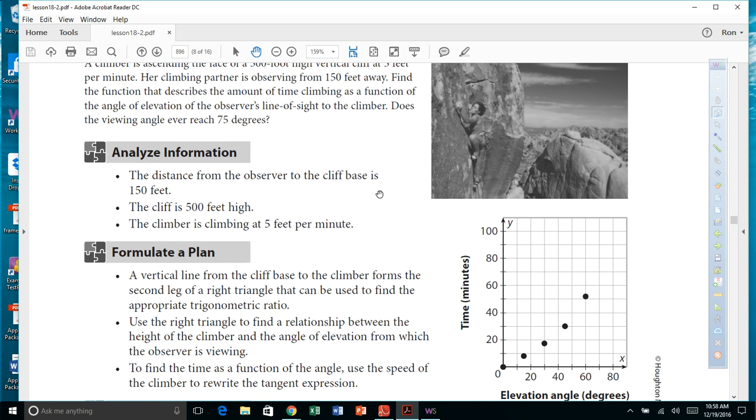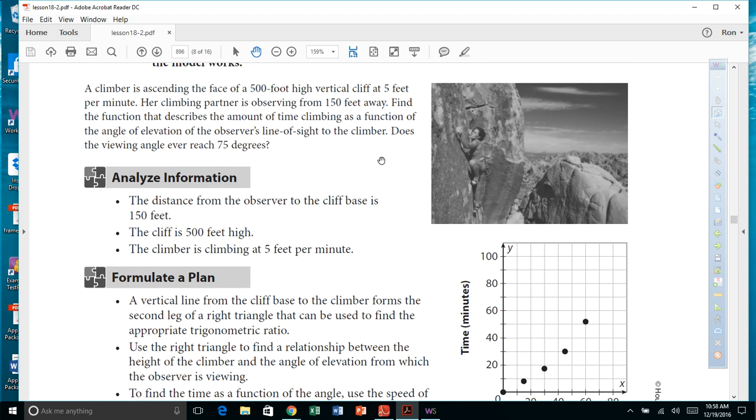Well, let's see here. A climber is ascending the face of a 500-foot high vertical cliff at 5 feet per minute. Her partner is observing from 150 feet away.